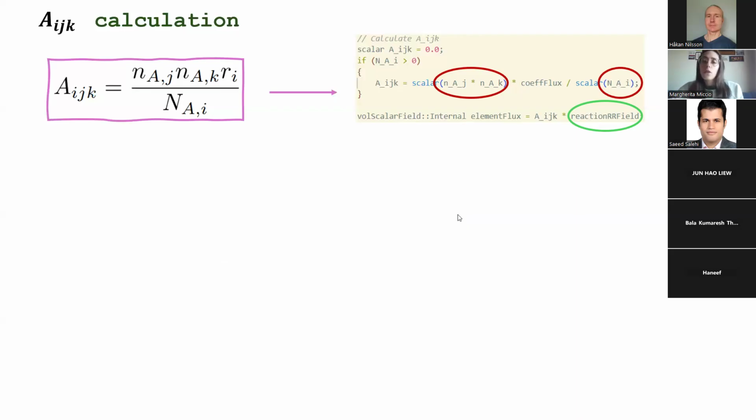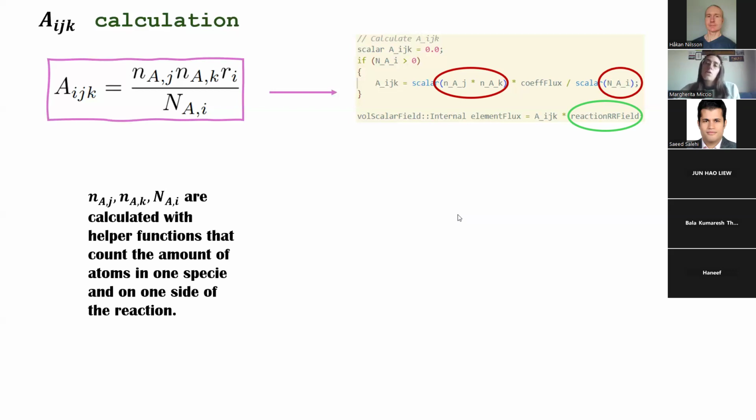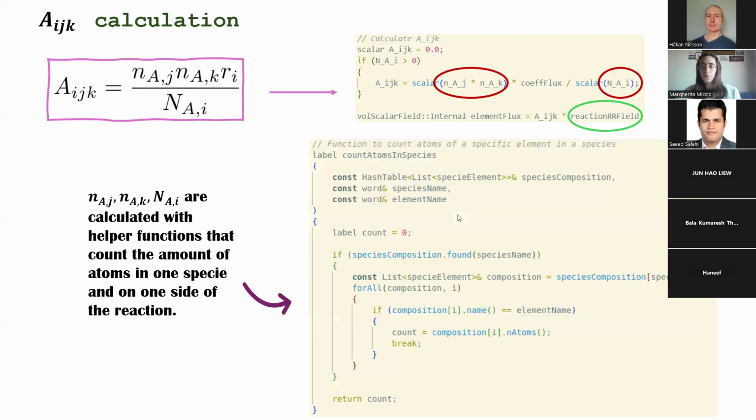So at this point, we can calculate all these numbers, especially the NaJ, the NaK, and NaI, with some helper functions that were implemented at the beginning of the code. They will count the amount of atoms in one species and on one side of the reaction.